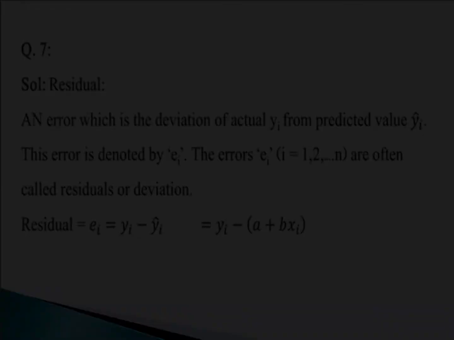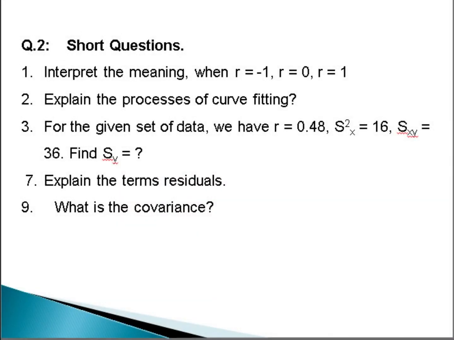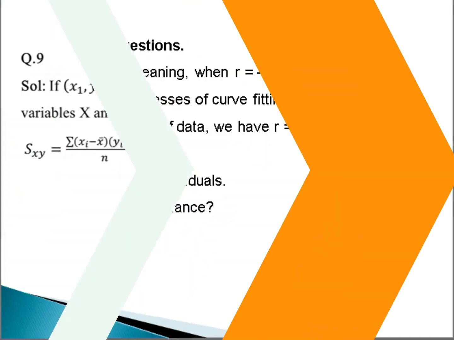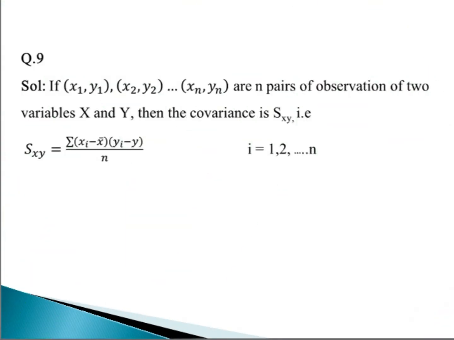Yes, now question number 9. What is covariance? Students, you all know variance is the variation among the data, and when we use two variables x and y, then we find out variation among these two variables.